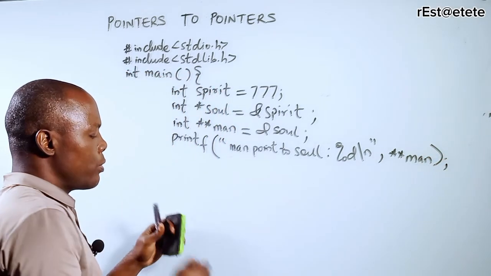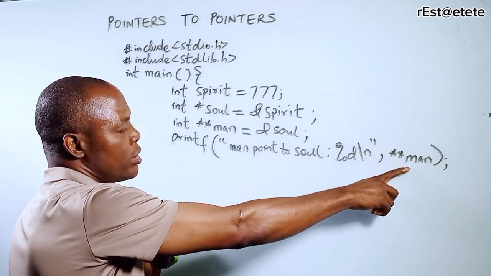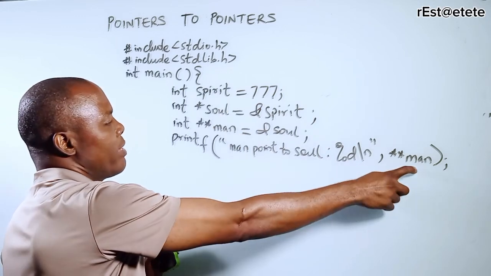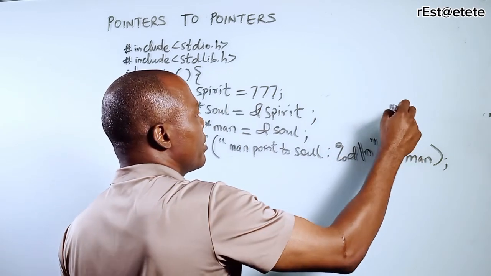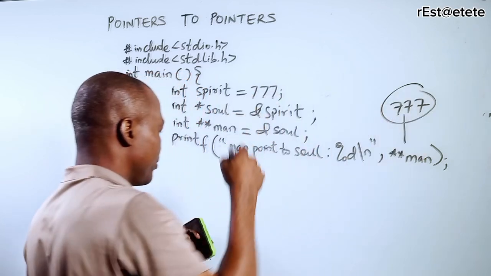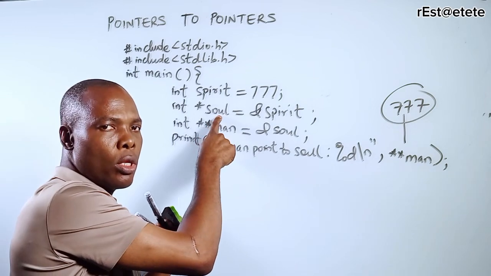So what would this give me on the screen? Man points to soul. Then I'm using this double asterisk to access the value of man. So this one will give me 777 on the screen.